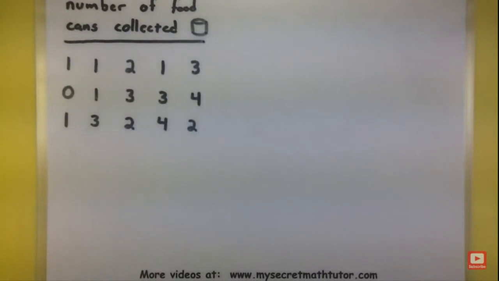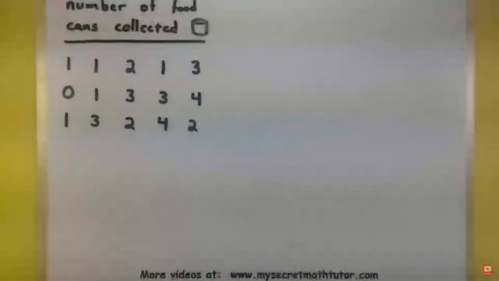So here I have some data that records the number of food cans collected from a given food drive. On day 1, they collected 1 can, day 2, another 1 can, day 3, they collected 2 cans that day, so on and so forth. So what I want to do with this is basically write down my data values and do the relative frequency for each of the data values. That way I can come up with the cumulative relative frequency.